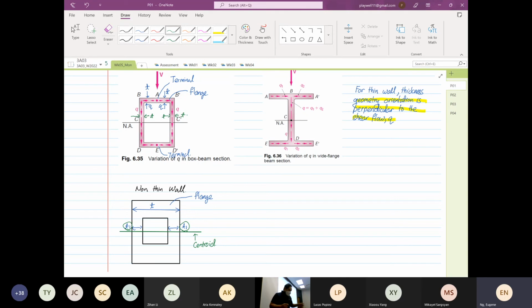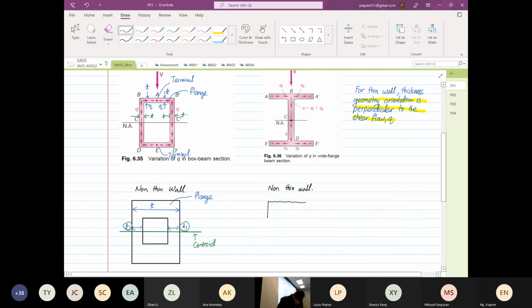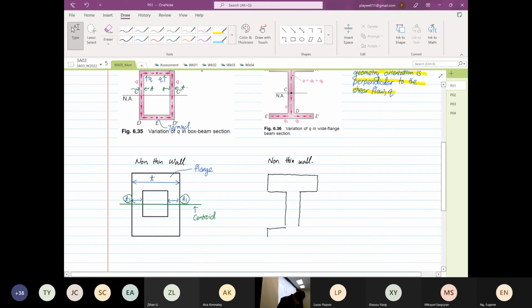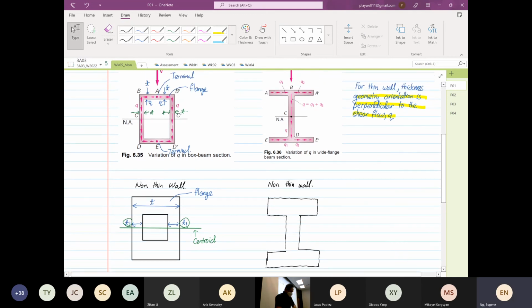Now, let's say we have an I-beam that is non-thin wall.